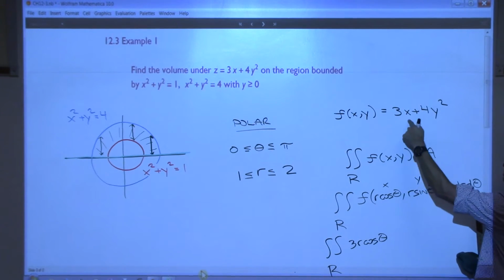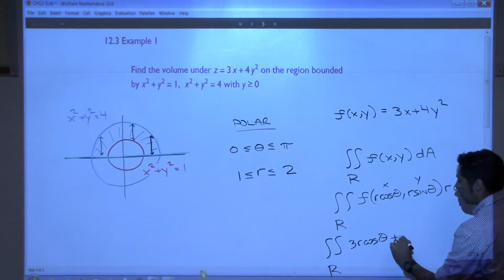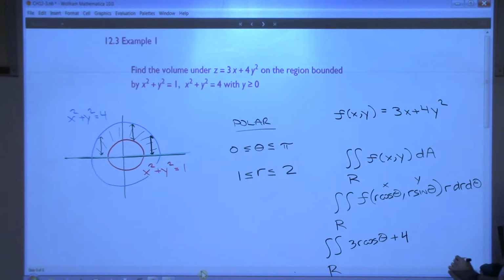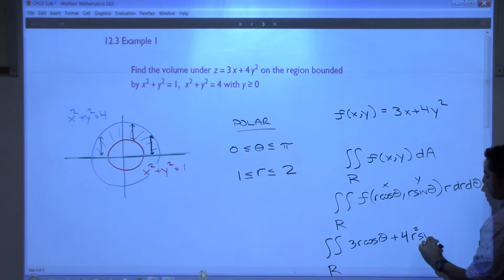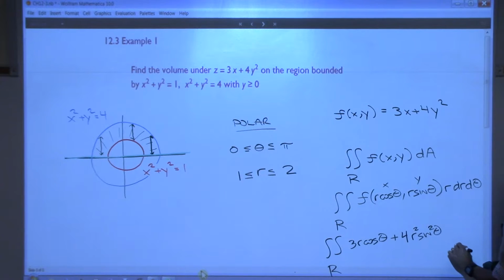That's 3x plus 4 times r sine theta squared. So how about r squared sine squared theta? Then r dr d theta.